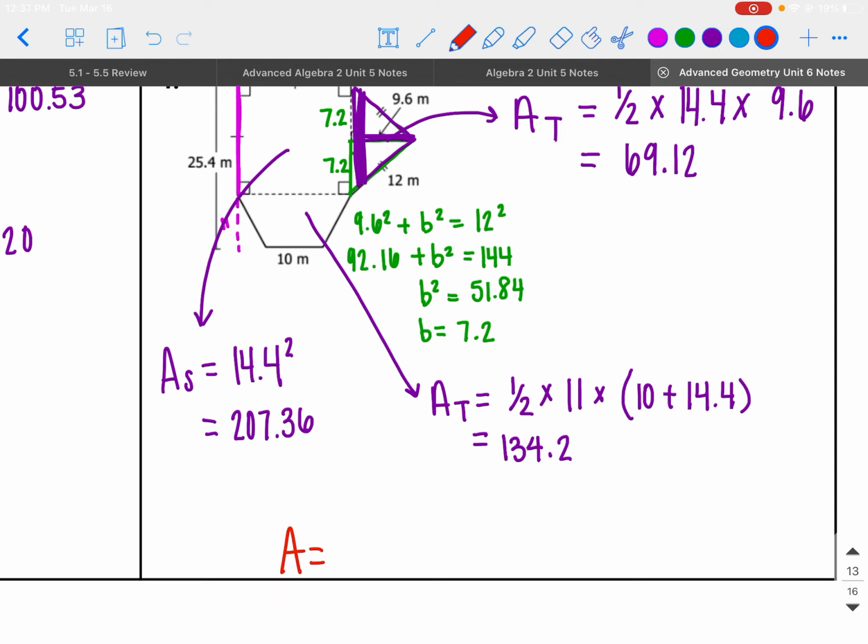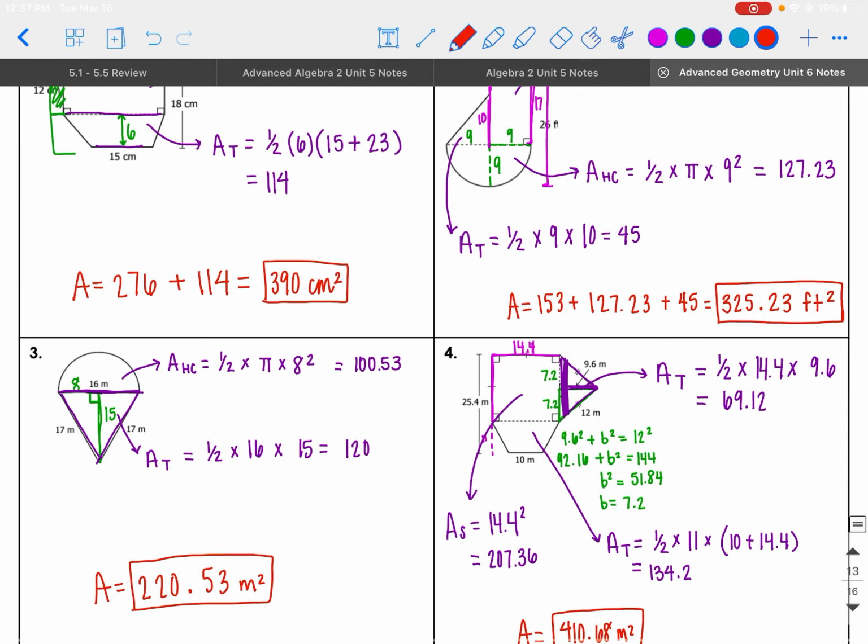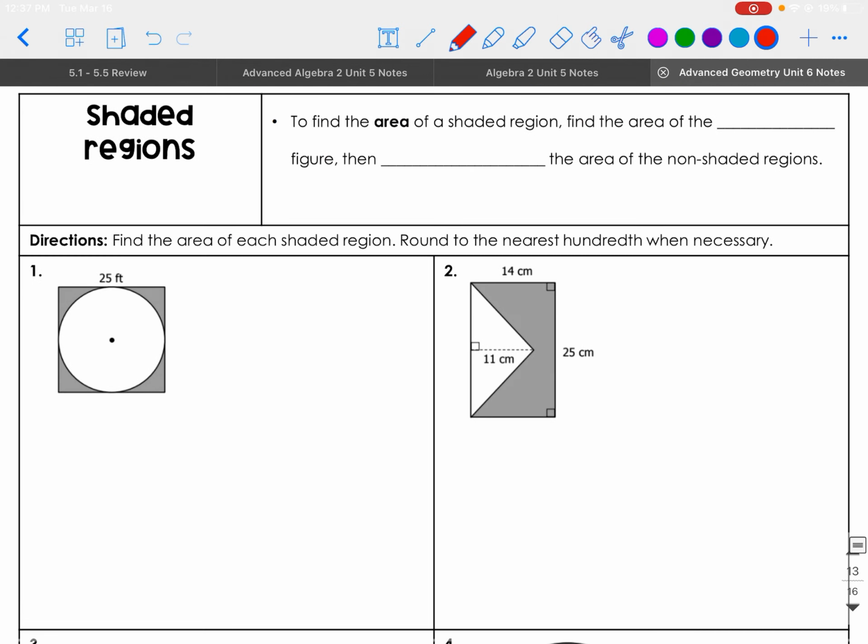So my overall area, if we add up all three of those, we get 410.68 meters squared. Now sometimes we will have shaded regions.